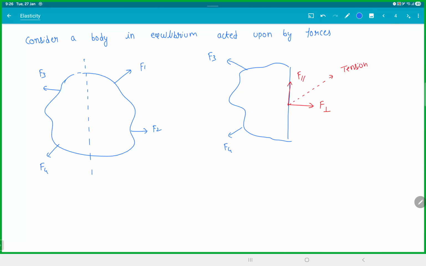So we define something called longitudinal stress, which is the force perpendicular by area of cross section.